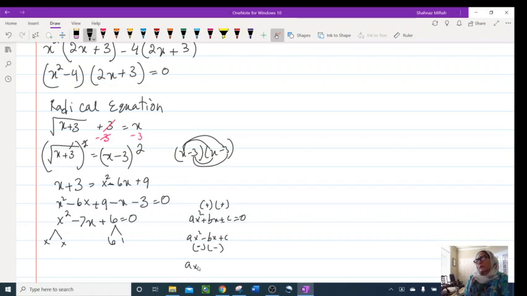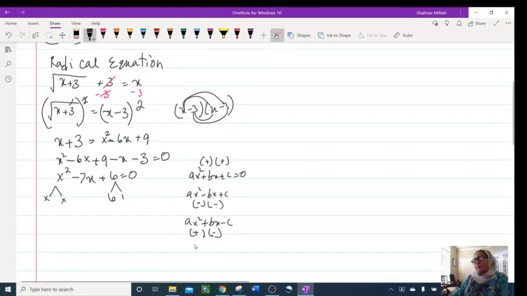If I have ax squared plus bx minus c, then one factor is positive and one is negative. I don't know which one is going to be positive or negative. It's going to matter when you multiply them, FOIL them, and see if you're getting the right answer. So it's up to you, but one positive, one negative for sure.